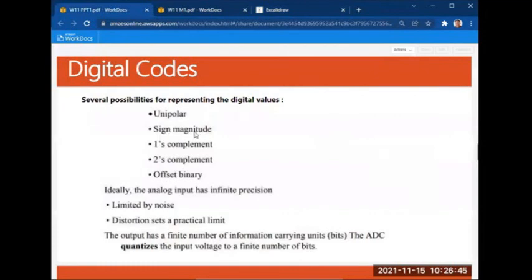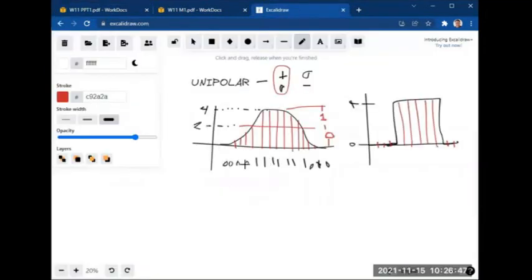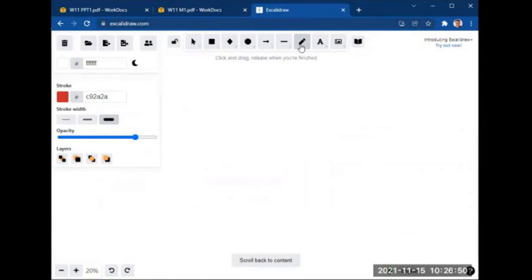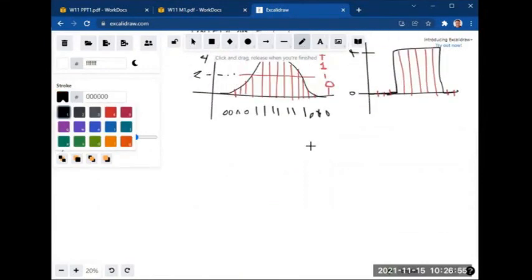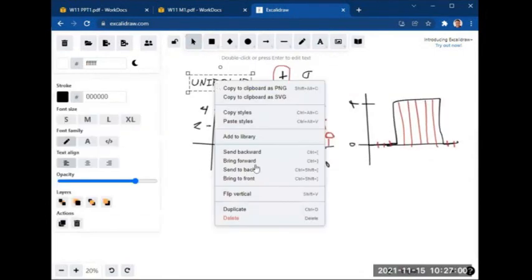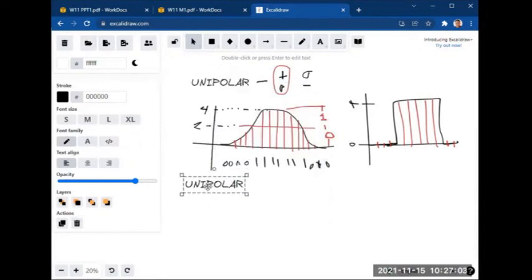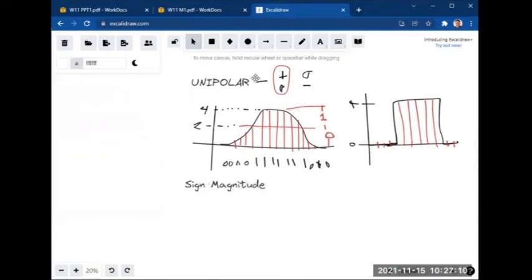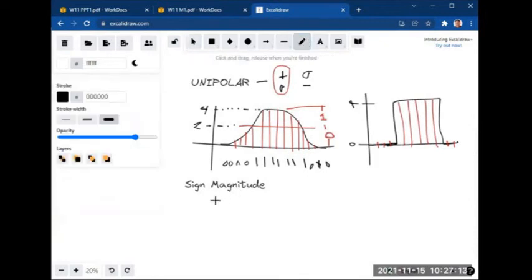Next, we have sign magnitude. What's the thing with sign magnitude? For example, in sign magnitude, we have 1, 0, 1, 0, or 0, 1, 1, 1.